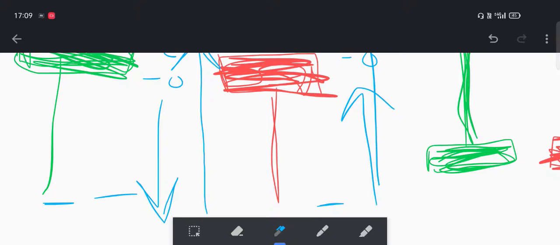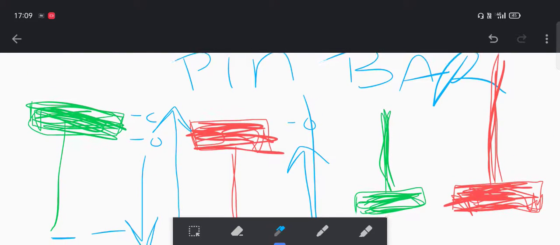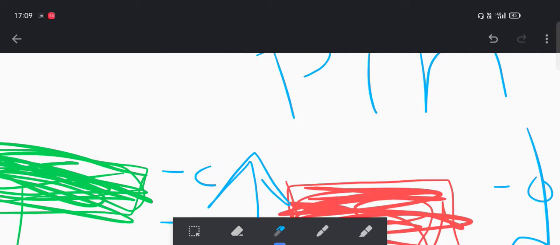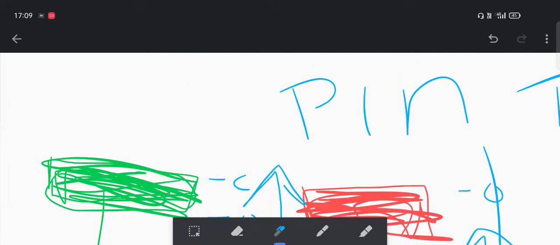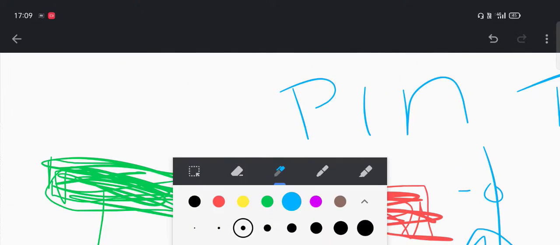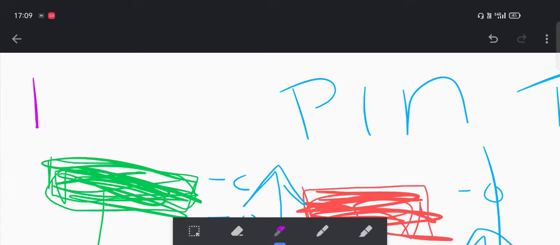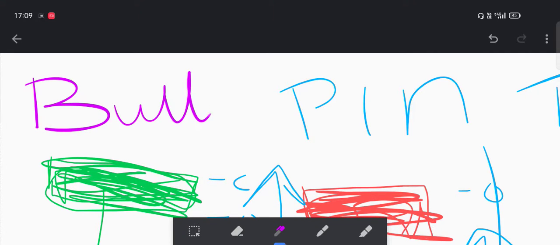If you understand the logic, there is a presence of bulls, there is a sign of bullish nature. So these two candles are known as bullish pin bar. I'll just write the names. These candles are known as bullish pin bar.